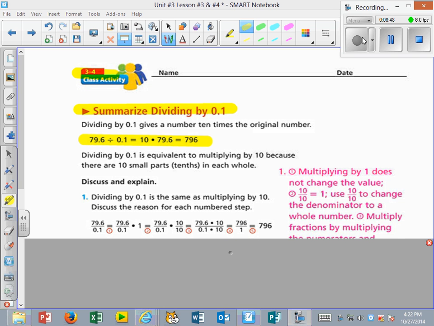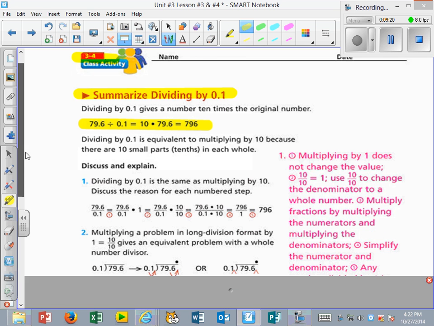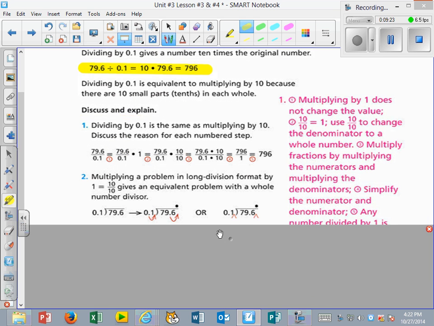So 79.6 over 0.1 equals 79.6 over 0.1 times 1, which is the same as 79.6 over 0.1 times 10 over 10, which is the same as 79.6 times 10 over 0.1 times 10, which is the same as 796 over 1, and your final answer would be 796. Taking it a step further now, let's look down here in step 2, which I will have you copy down part of this problem here.